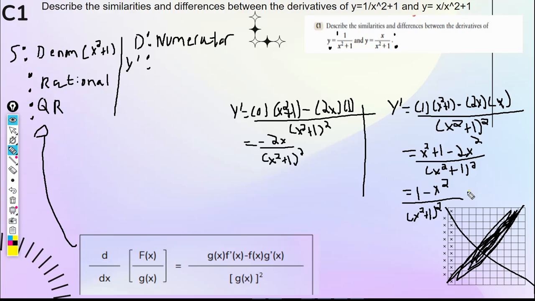Alright, so we'll highlight our answers, the derivative answers, in yellow. And then we'll put it back here: negative 2x over x squared plus 1 squared, and 1 minus x squared over x squared plus 1 squared.